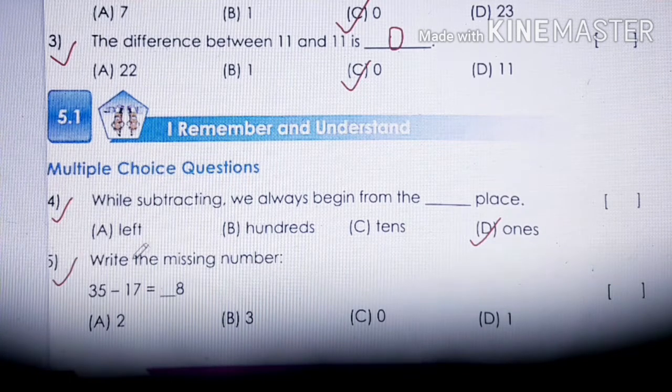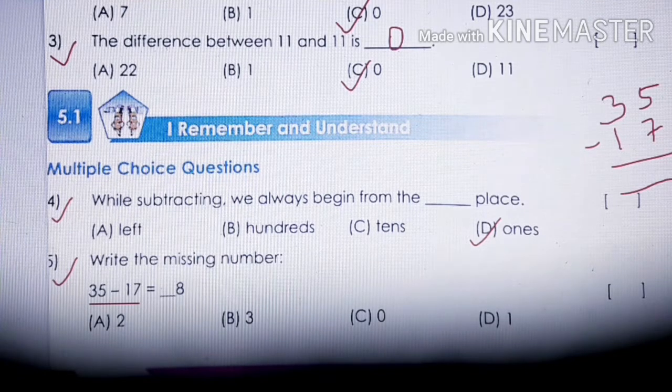Number 5. Write the missing number. So you have to subtract this, children. You have to subtract 35 minus 17. So this subtraction is regrouping subtraction.